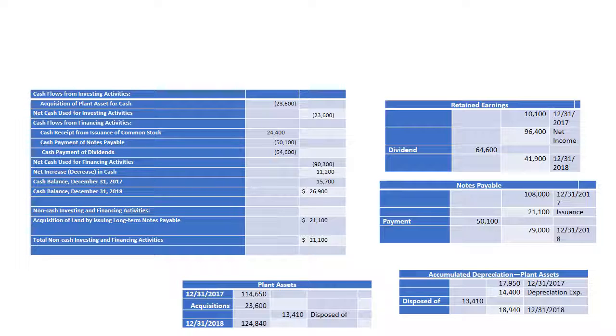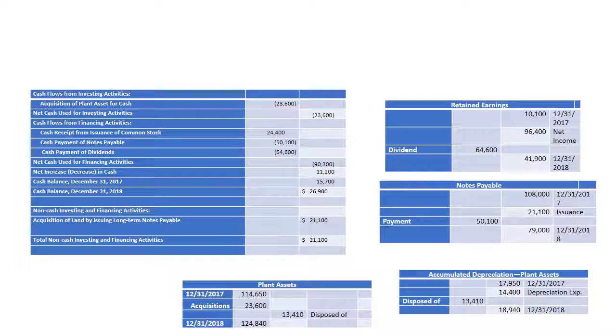So here's where I suggest you make a T account, because right now it says our plant assets started at a balance of $114,650. Ended at a balance of $124,840. So that's a difference of $114,650 minus $124,840, $10,190.